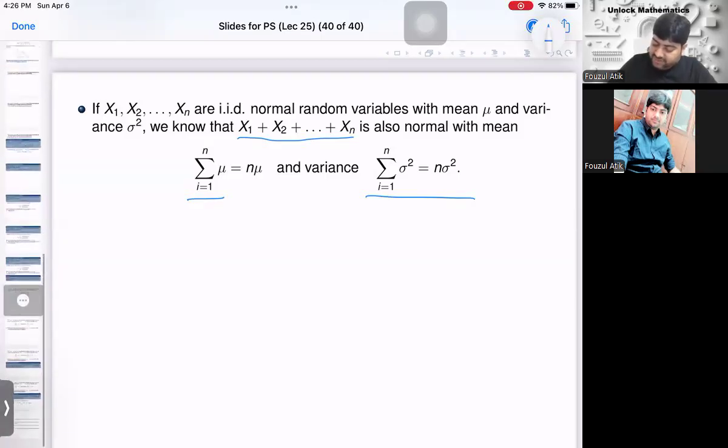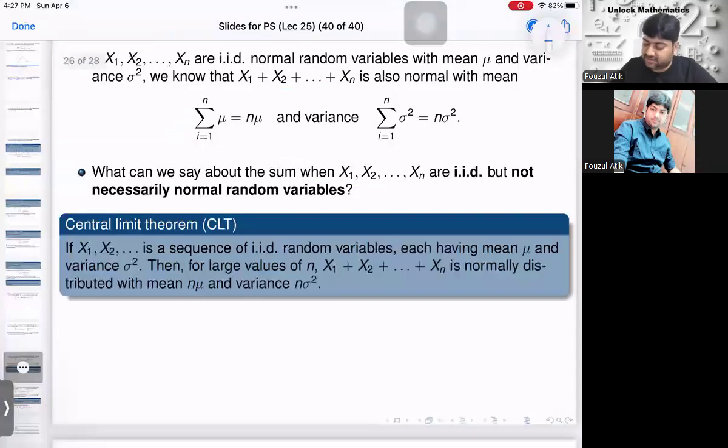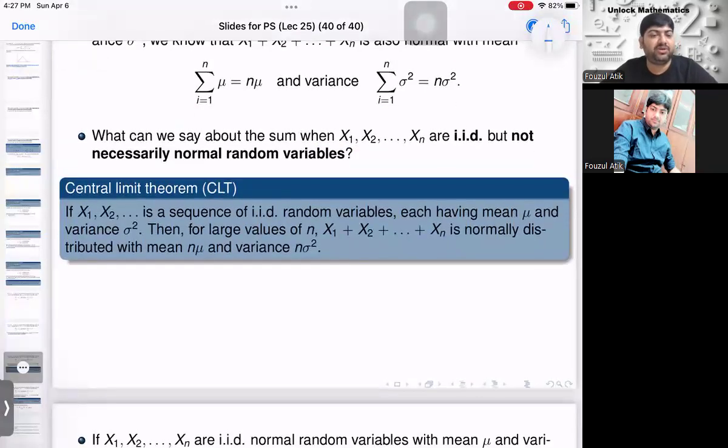Now, what we can say about the sum of X1, X2, ..., Xn, when they are IID but not necessarily normal random variables? If you have that, we can state the famous theorem called the Central Limit Theorem.